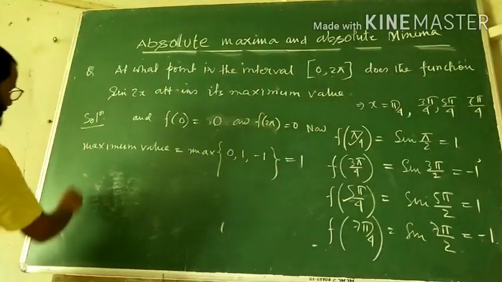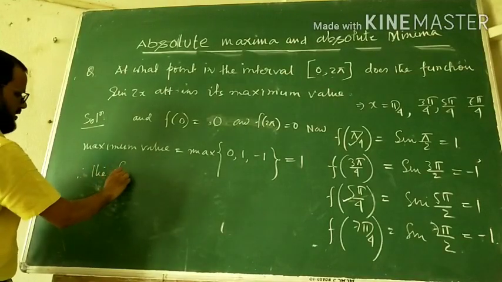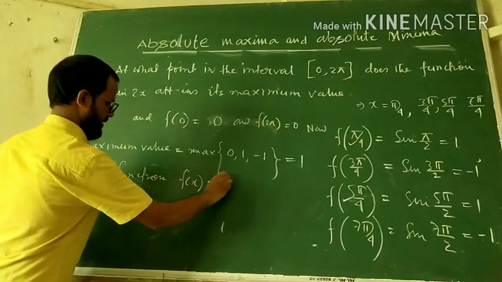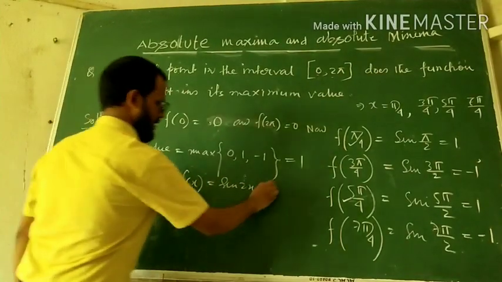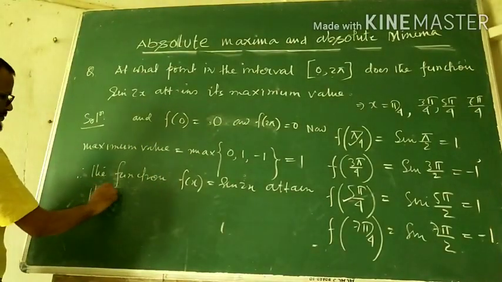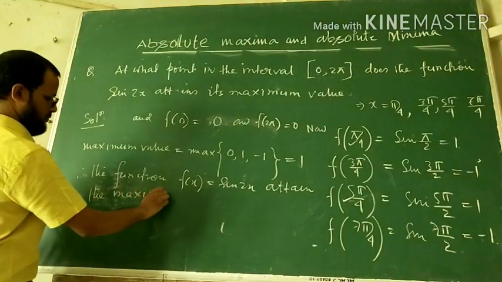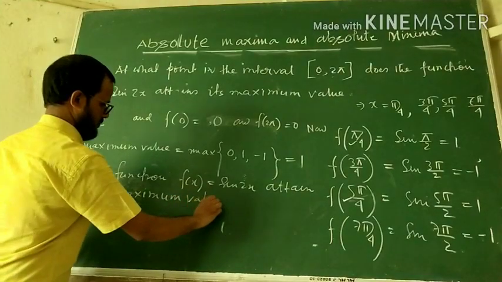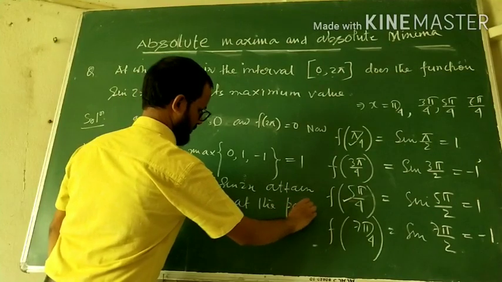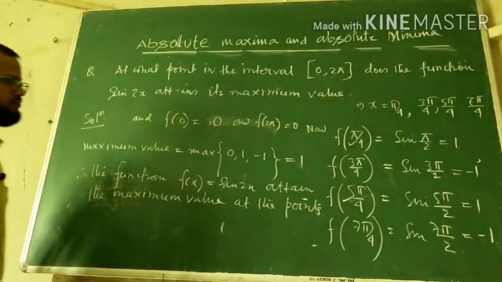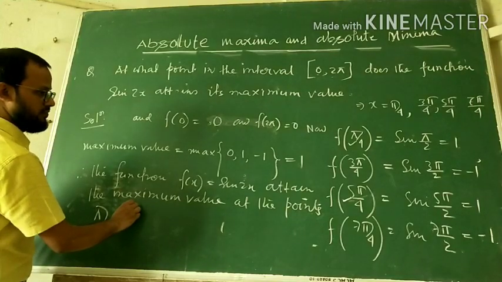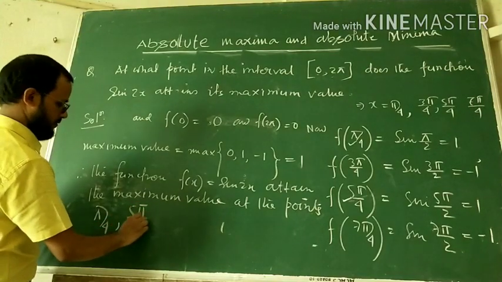That means the function f(x) equal to sin 2x attains the maximum value at the points pi by 4 and 5 pi by 4.